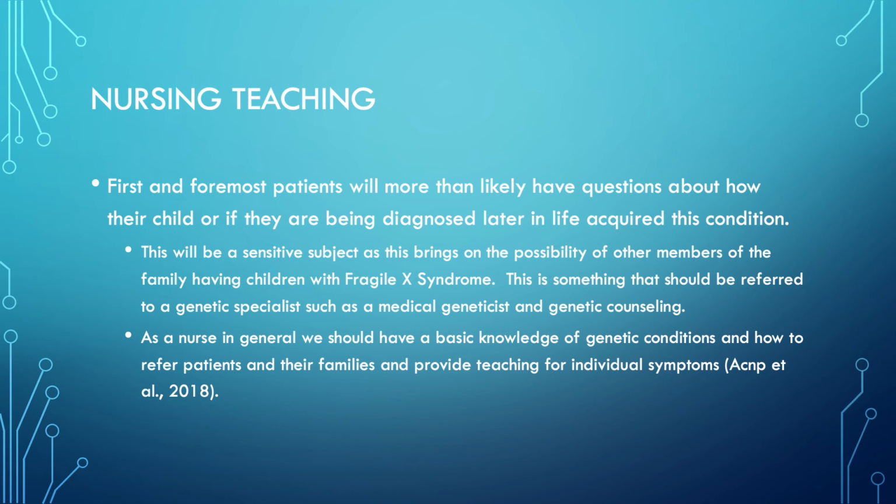This is something that should be referred to a genetic specialist, such as a medical geneticist and genetic counselors. As a nurse in general, we should have a basic knowledge of genetic conditions and how to refer patients and their families and provide teaching for individual symptoms of genetic conditions.